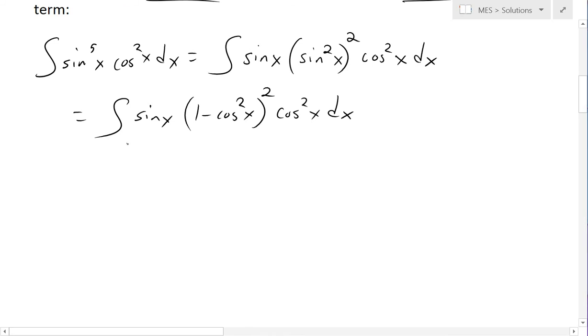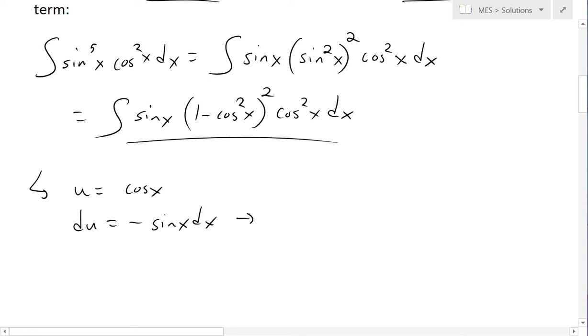Now that we have one sine term and the rest cos terms, we can apply the substitution. Let u equal cos of x, because the differential du is going to be negative sine of x dx. So sine x dx equals negative du.